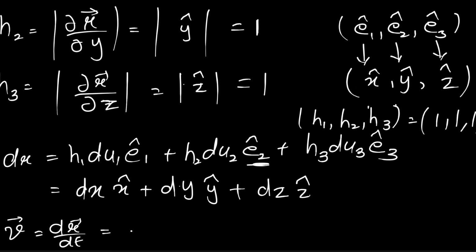Then you are getting simply x dot x vector, y dot y vector and z dot z vector. Simply the respective component will have the differentiation with respect to t, no other issue with the Cartesian coordinate. So the Cartesian coordinate will look simple.